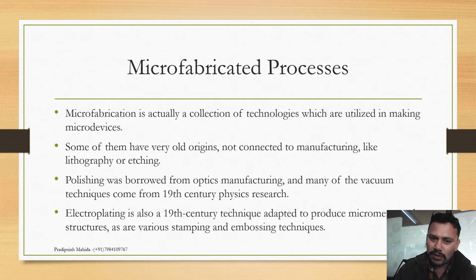Polishing was borrowed from optics manufacturing, and many of the vacuum techniques come from 19th century physics research. Electroplating is also a 19th century technique adapted to produce microstructures, and there are many other technologies adapted for microfabrication.